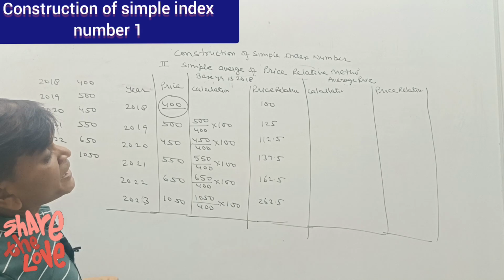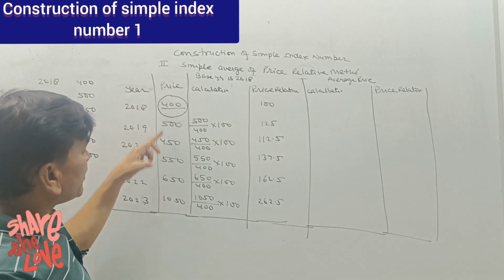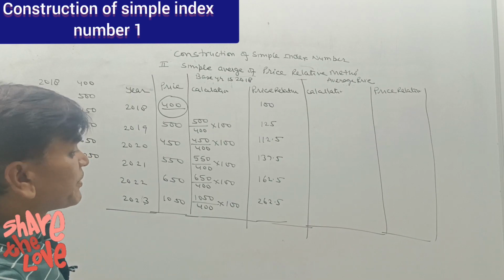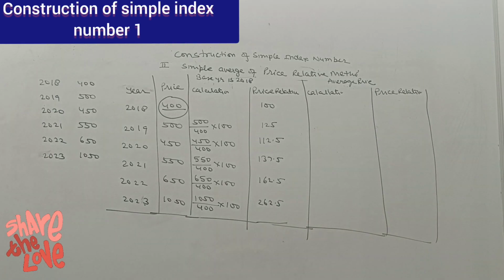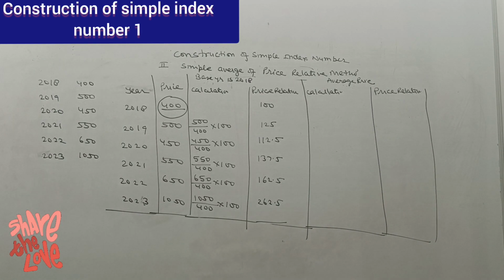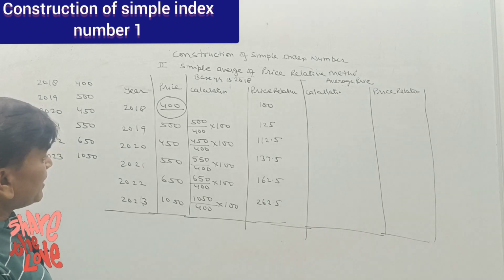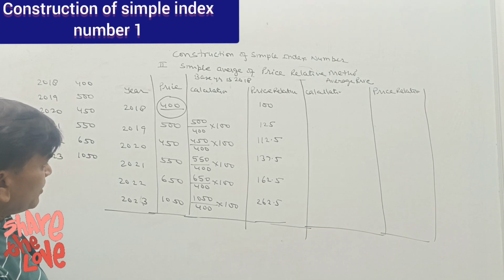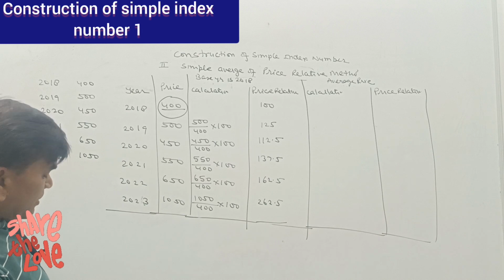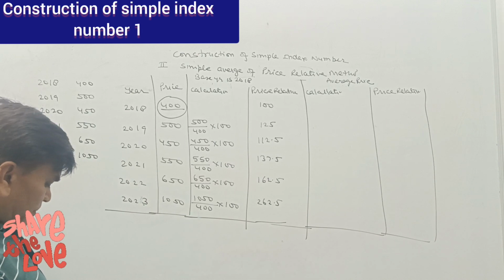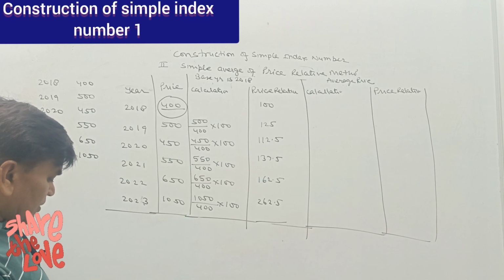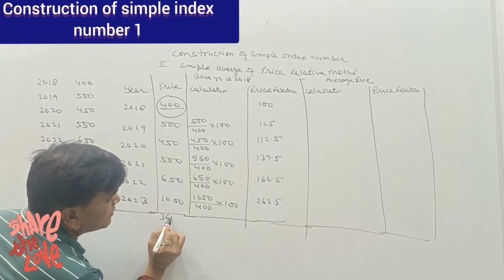Second one, if average price is to be taken, so very first we have to calculate the average of this, because we are to calculate the average price. For getting the average, 400 plus 500 plus 450 plus 550 plus 650 plus 1050. So total is 3600.